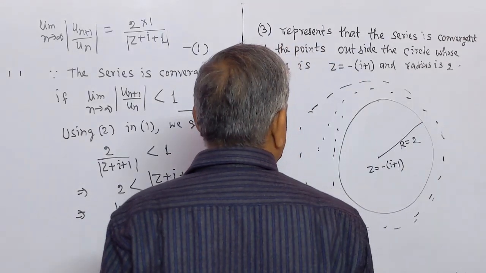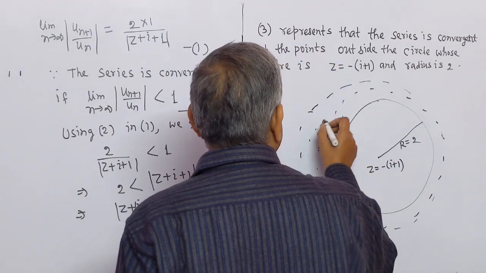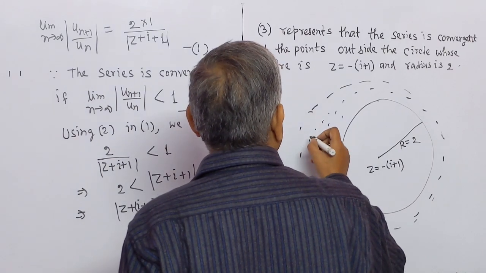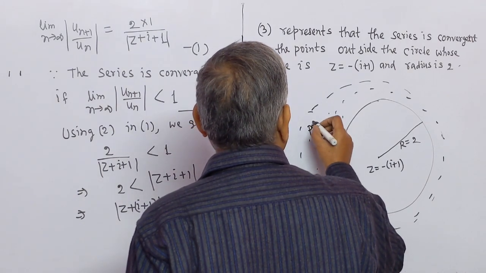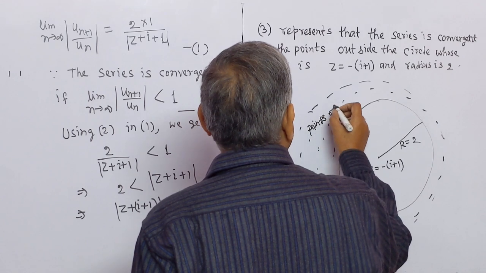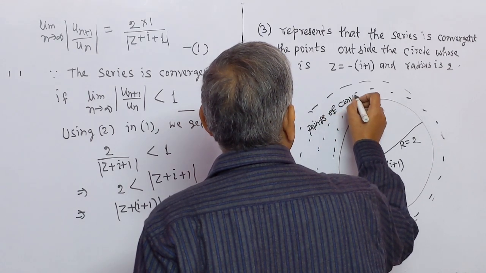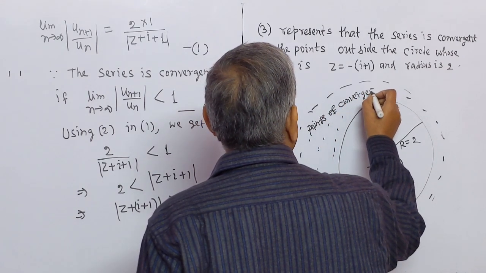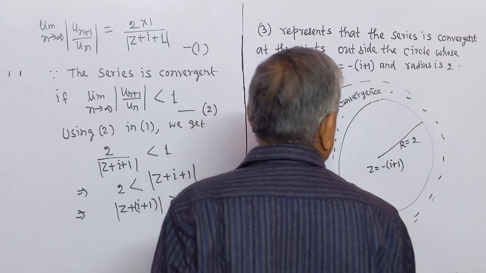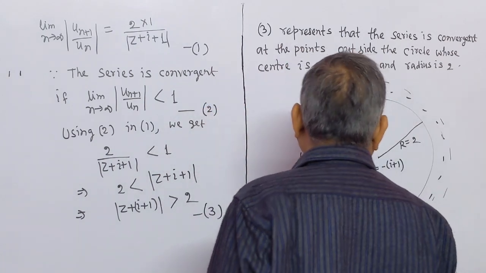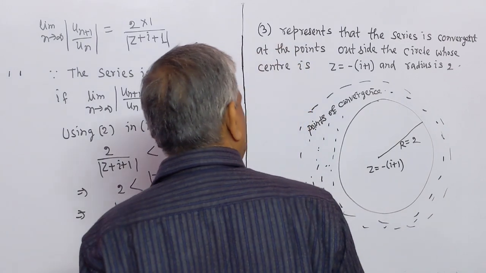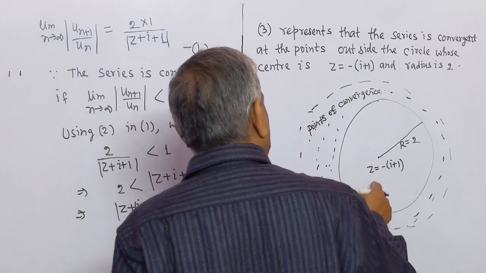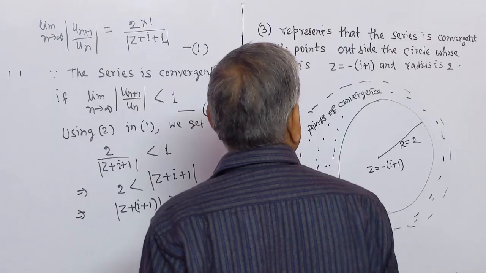The series is convergent at these points. These are points of convergence. The series is not convergent within this circle.